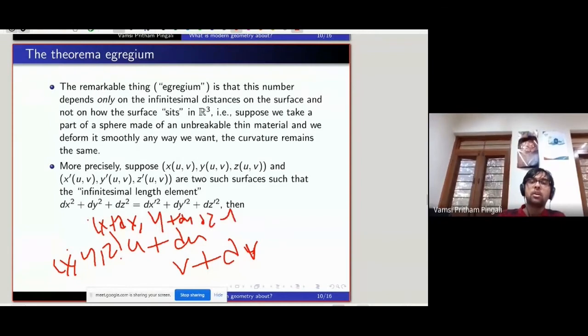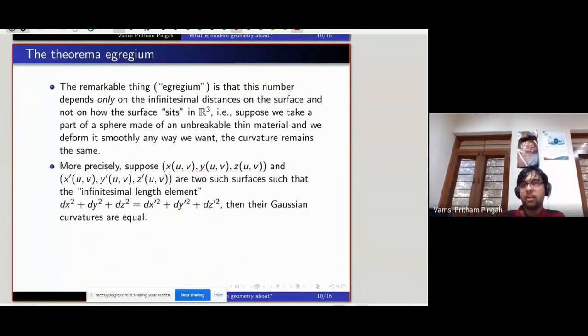So you have a small little line. Its length squared is this much on this surface, and on this surface it is this much. If these two are equal for all u and v, then their Gaussian curvatures are equal.